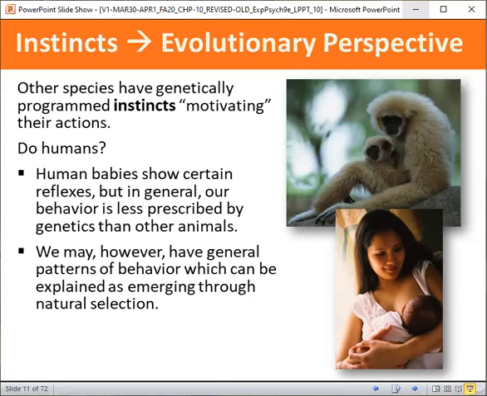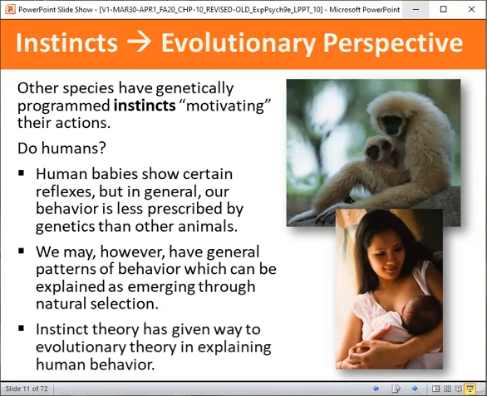And so we see that more than anything having a large play in our behavior, but we don't have this major control of instincts that we see in lower animals. Okay, so instinct theory has given way to evolutionary theory in explaining human behavior. So we don't have instincts, but evolution, things like natural selection, probably do play a role.